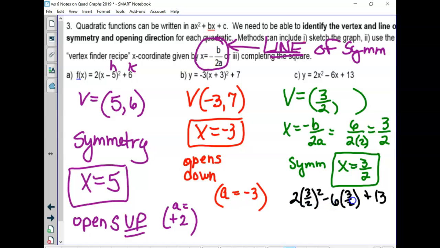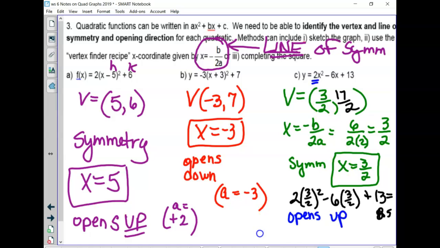Minus 18/2 would be negative 9/2 plus 13. Is it like 9.5? Did anybody get a decimal? 8.5? Which is 8.5 or 17/2. Okay, what am I missing? Okay, it opens, how do we know? Yeah, because A was positive 2.